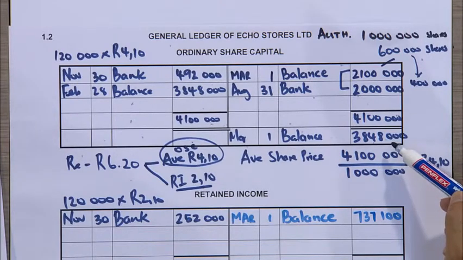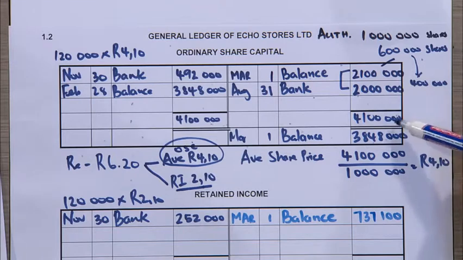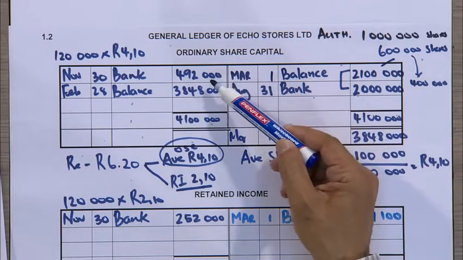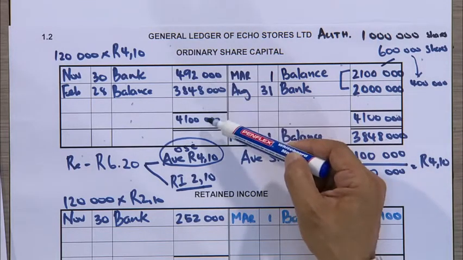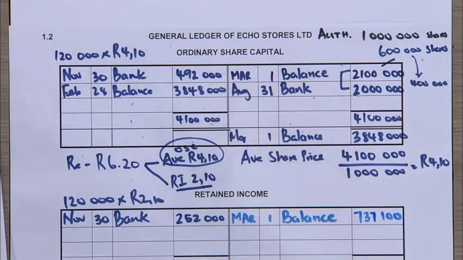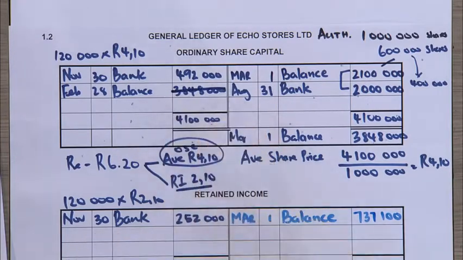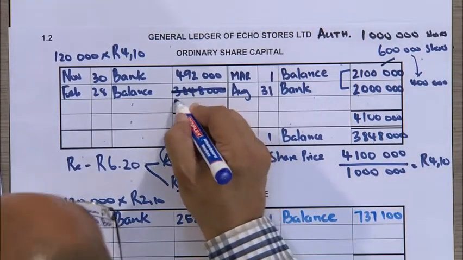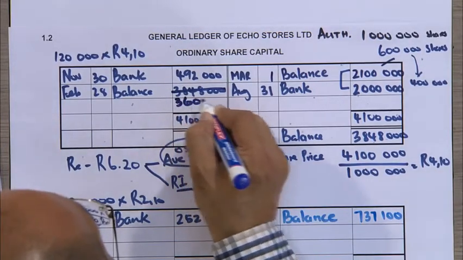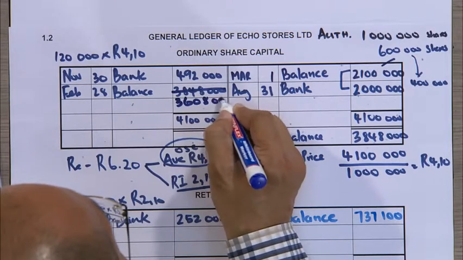the capital balance? I take my 4.1 million and I minus the 492,000 and I get that answer, which should come to 3,608,000.